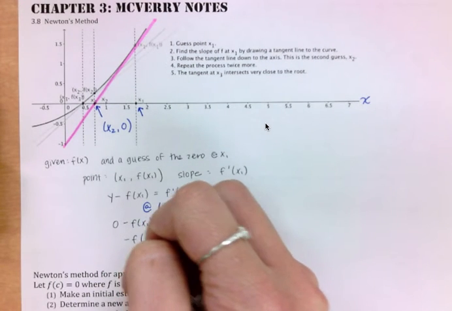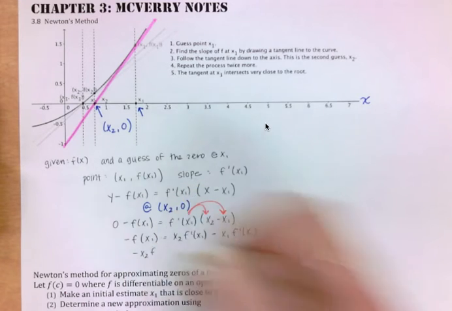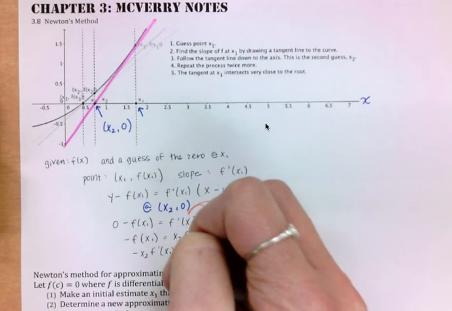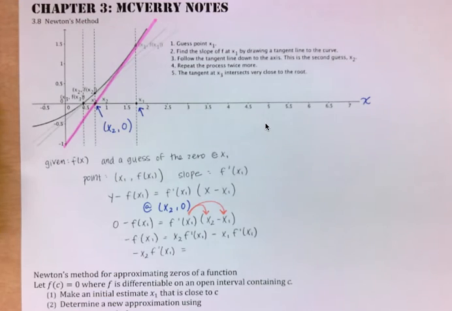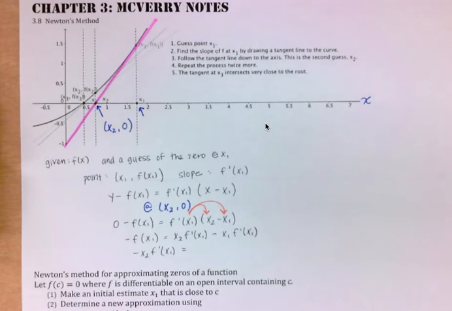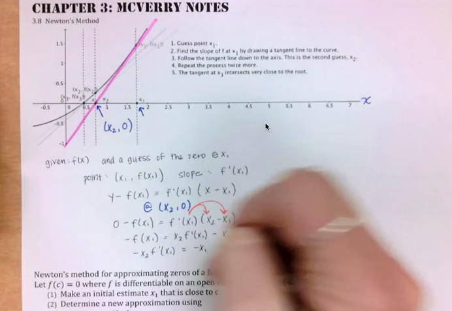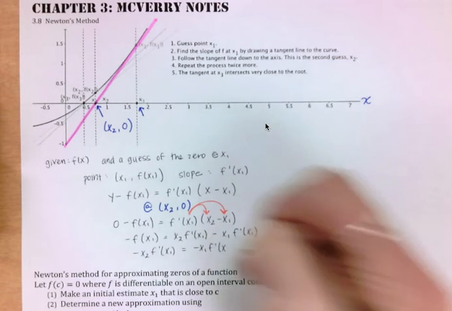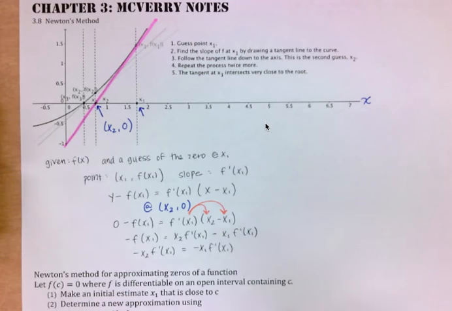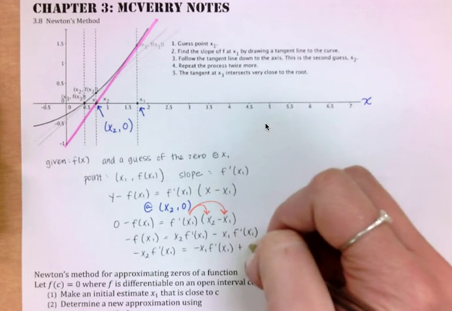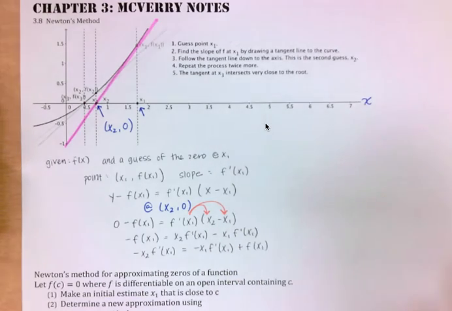So we're going to have negative x2 f prime of x1 equals, and move the other one over. We still have this term over here. That one went to the left, so this one needs to come to the right, so you add it to both sides. So then you say plus f of x1.